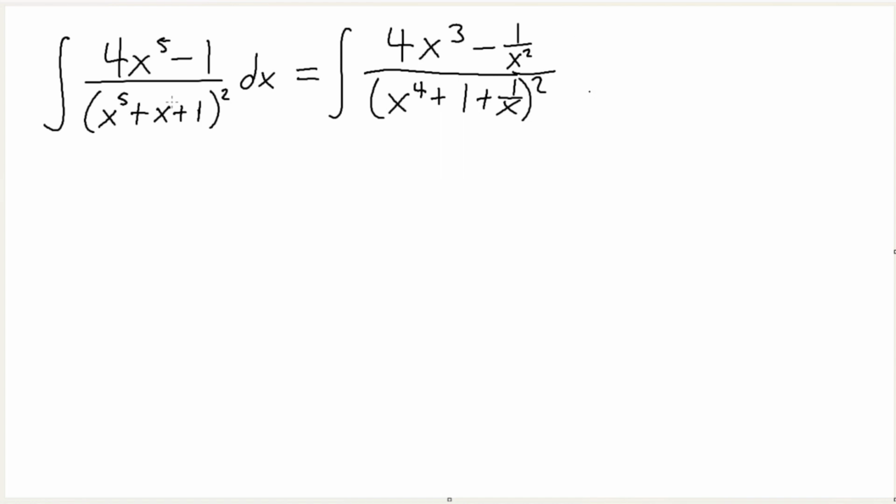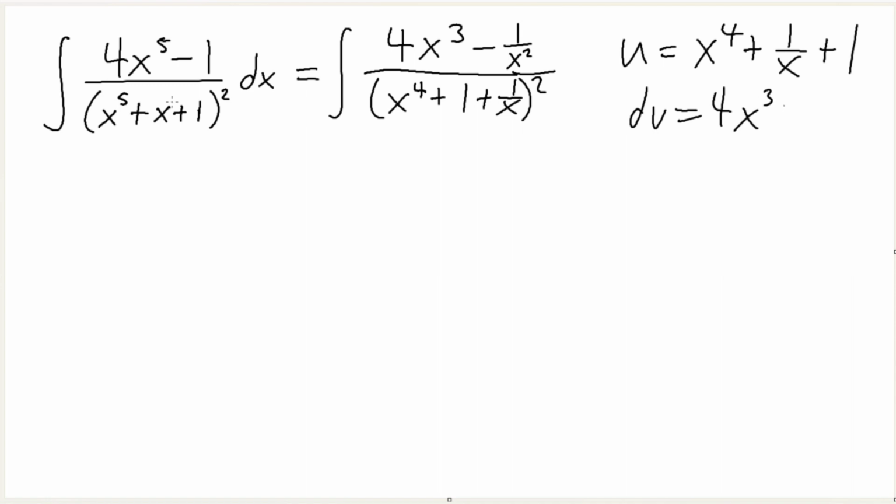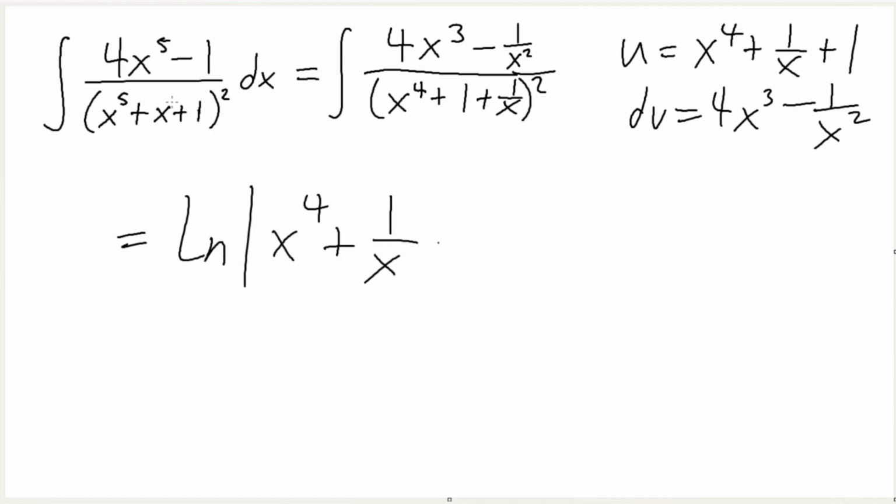Well, that was easy, right? So now this is just u equals x to the 4 plus 1 over x plus 1. du is exactly what we have for dx, right? So now our answer is just x to the 4 plus 1 over x plus 1.